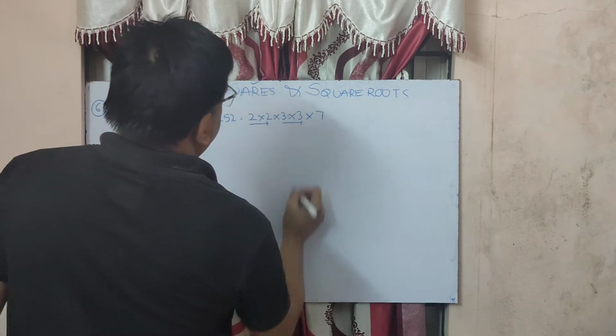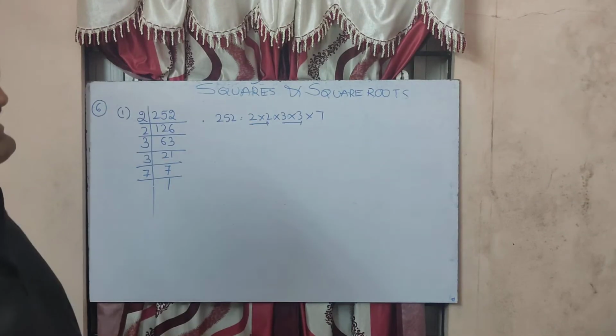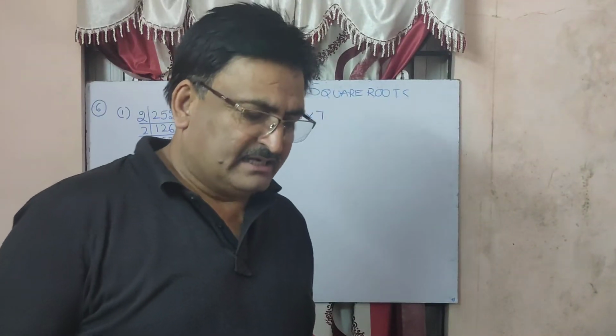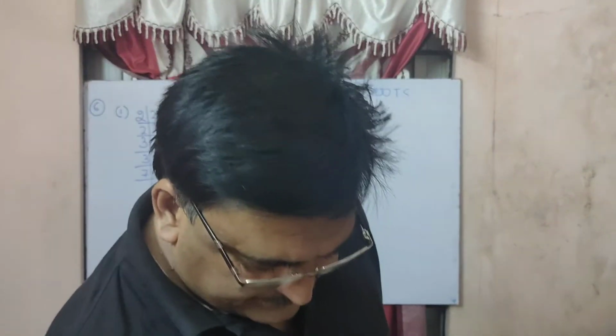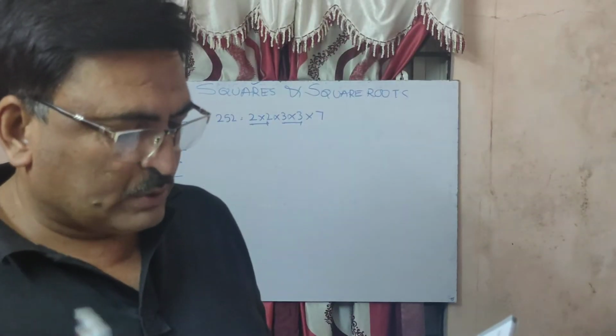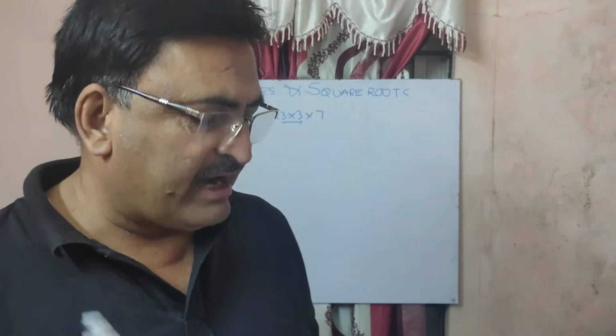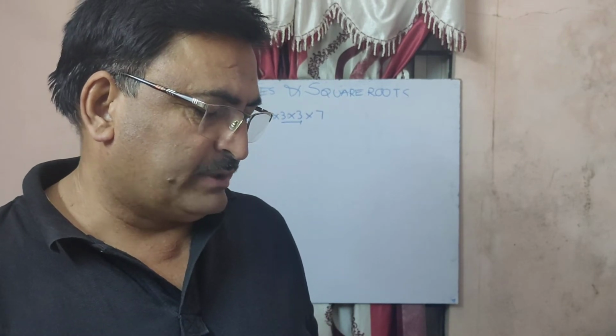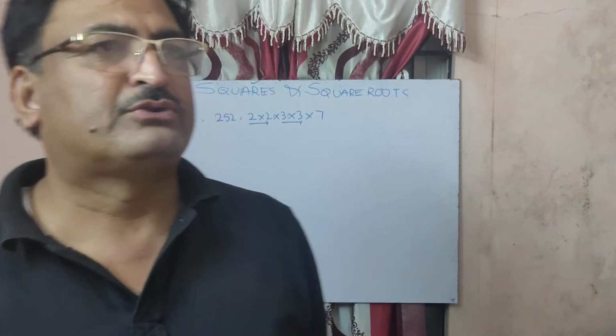Now you can see here 7 is a single number. So what was the question? For each of the following numbers, find the smallest whole number by which it should be divided so as to get a perfect square.